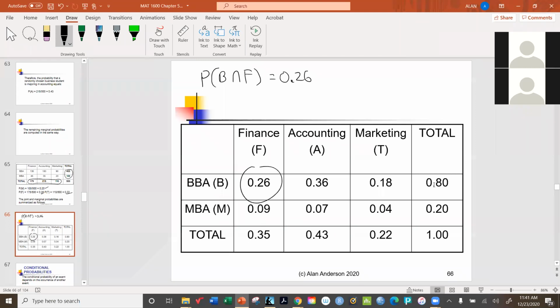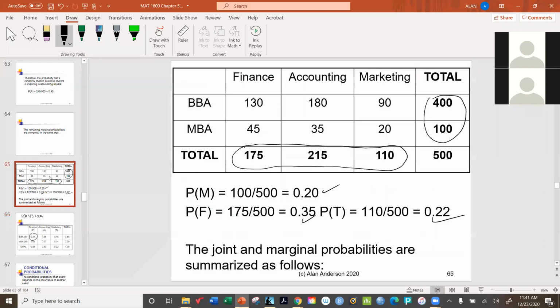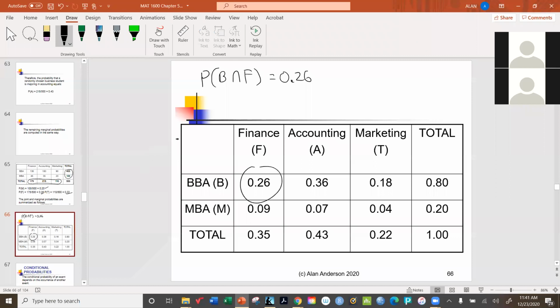But if I need the actual number, I need the original table, which of course tells me that that would be 130. So we can use either one of these to calculate our probabilities. This one is a little bit quicker if all we're interested in is probabilities. But you can see it tells us the same probabilities. It doesn't tell us the raw totals, but we do have our probabilities. If that's all we care about, then this might be the way to go.